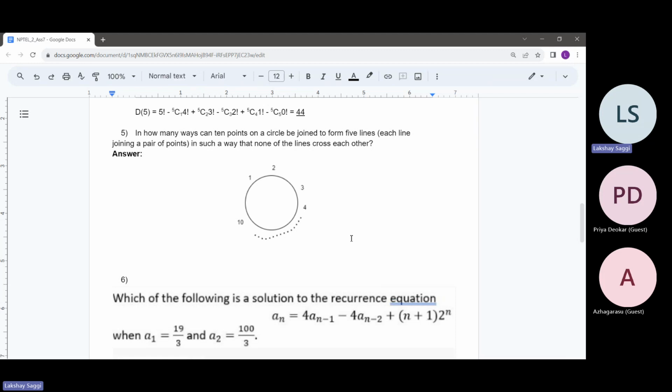So for recursion based arguments, how do we proceed? Let's just say I define T of n as the number of ways in which 2n points.